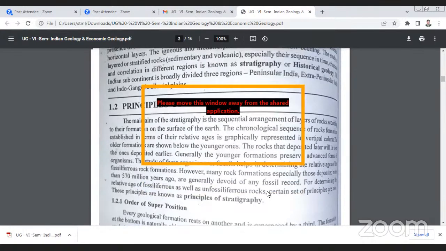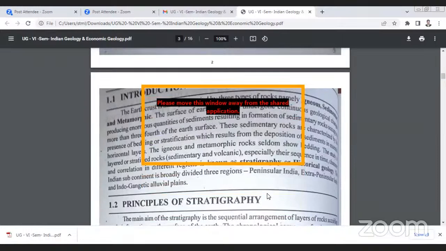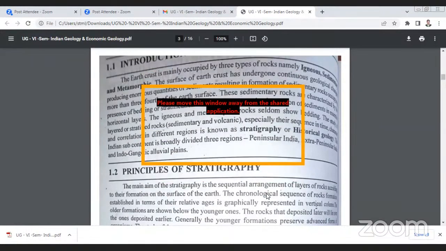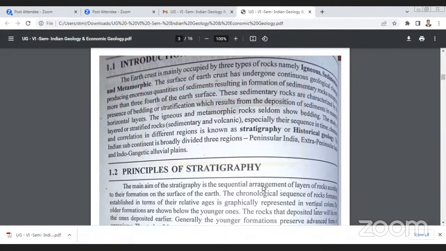So, principles of stratigraphy. There are some principles we have. Whatever Earth formation we see is formed by layers. The sequential arrangement will be there within a rock. These layers form according to the formation of the surface of the Earth, layer by layer.